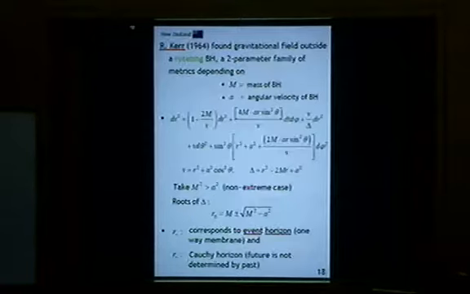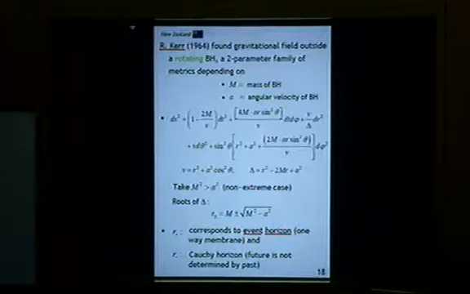Okay. So then in 1964, a remarkable solution was discovered by the New Zealand mathematician, mathematical physicist, I guess, Roy Kerr. And he found the gravitational field outside a rotating black hole. Now, all astronomical objects rotate.